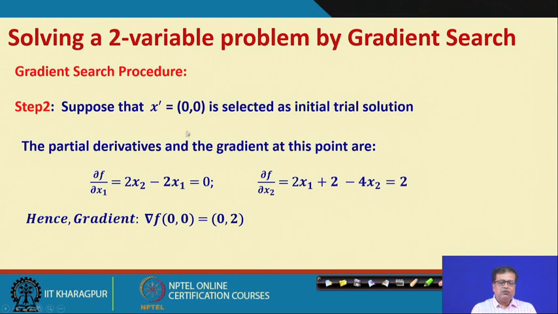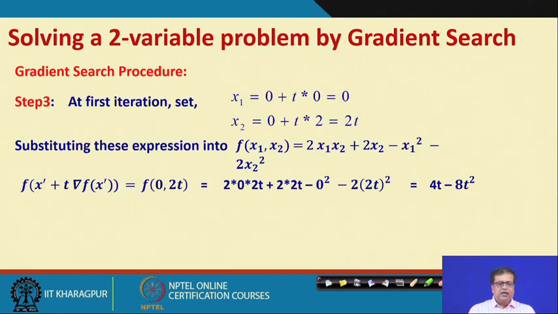If we put x1 equal to 0 and x2 equal to 0, then the first value becomes 0 and the second value becomes 2, because x1 is 0 and x2 is 0, so that remains 2. So, the gradient at this point 0 0 is 0 2. So, we found the gradient.